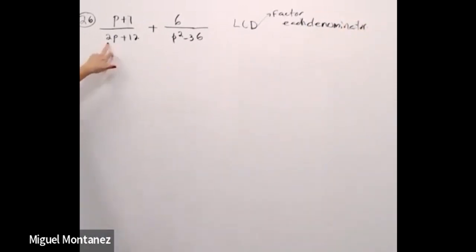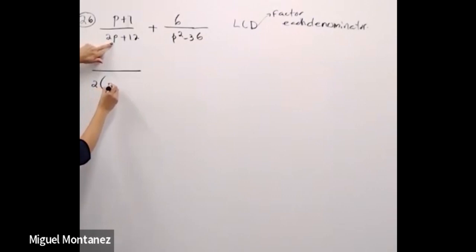So we start by factoring. First one is 2p plus 12. The greatest common factor here is a 2. So we factor 2, open parenthesis, and we are left with p plus 6.